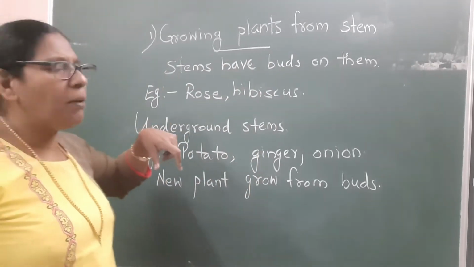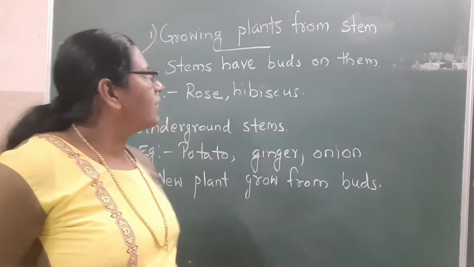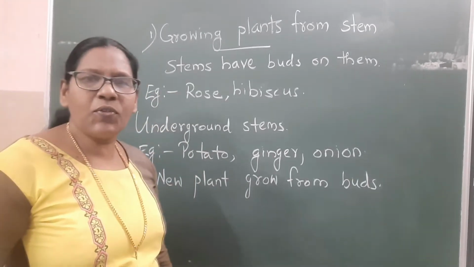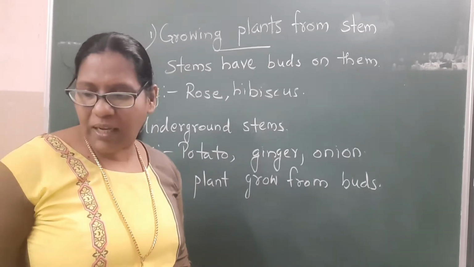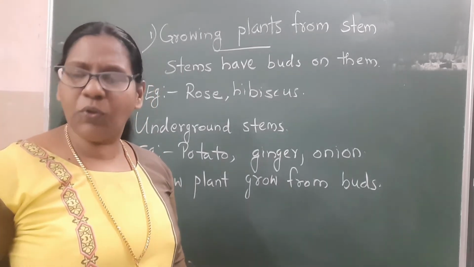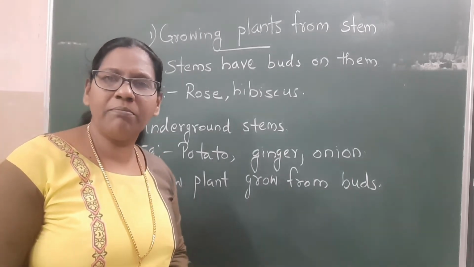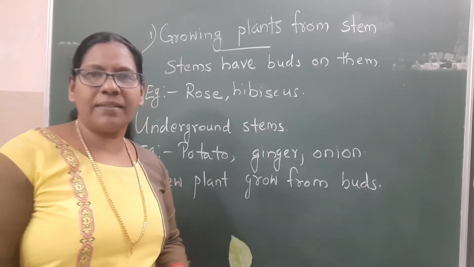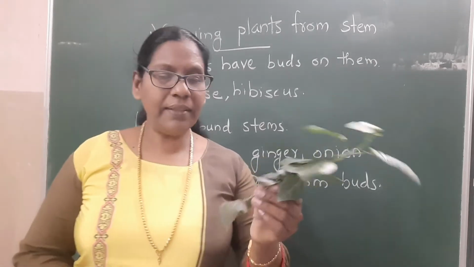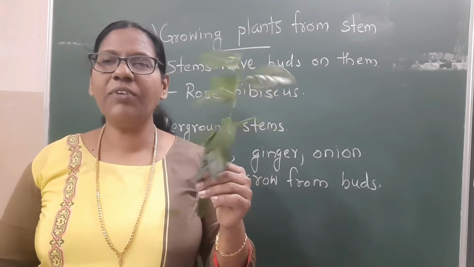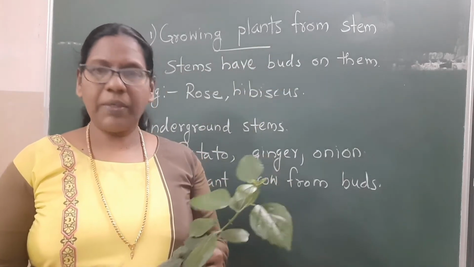These stems have buds on them. Example, rose, hibiscus, bougainvillea. Now if you want to grow a new plant from hibiscus, then you have to cut and take a stem of it, the vegetative part of the hibiscus.